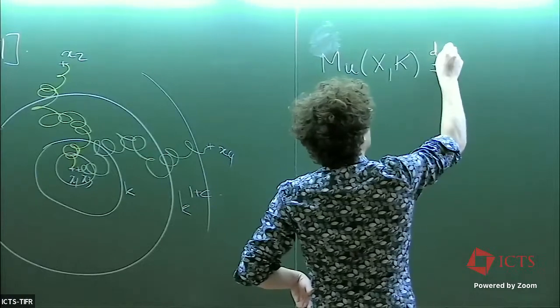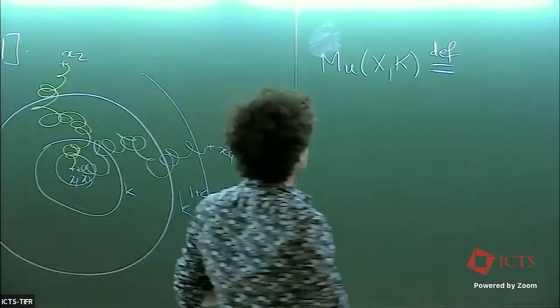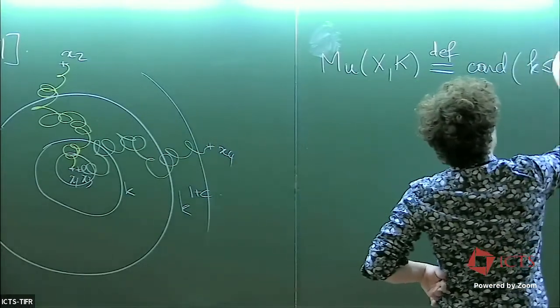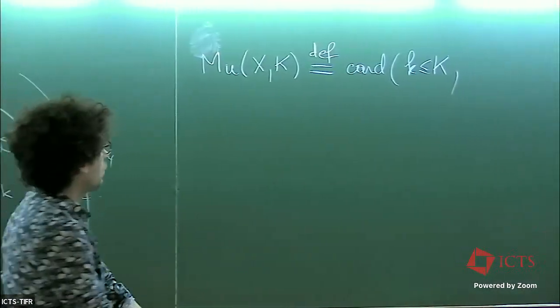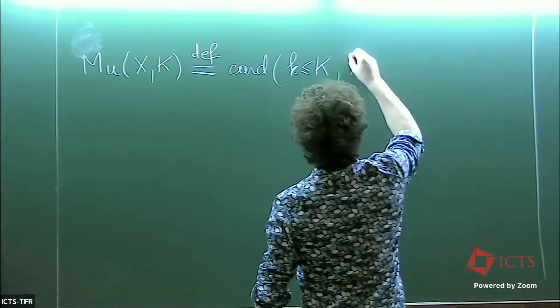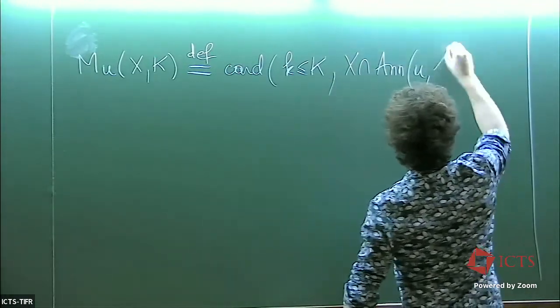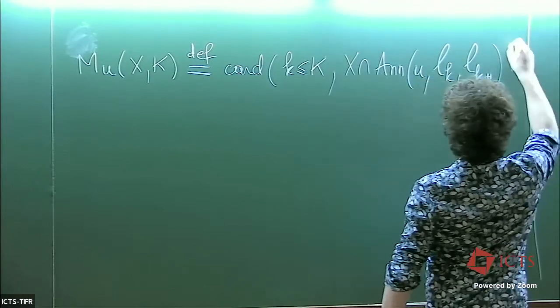So what is this? This is the cardinality of k smaller than capital K, such that you have an intersection, X is non-empty, in the annulus around U, which has the following.